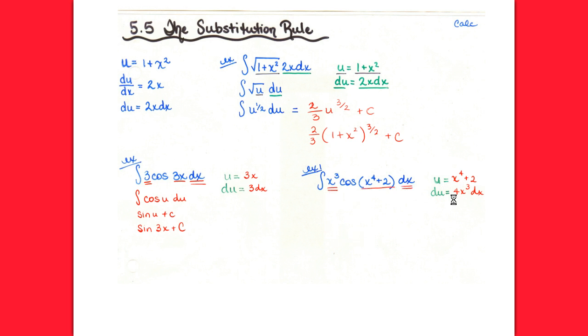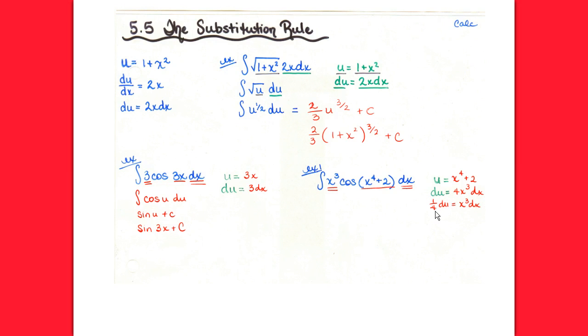So then we went back to our problem and we said, okay, this guy right here is u. So cosine u is set. But I also need to replace x to the third dx. I don't have just an x to the third dx over here. I have a 4x to the third dx. So I got to get rid of that 4. So we could divide both sides of that by 4, and x to the third dx would be 1/4 du.